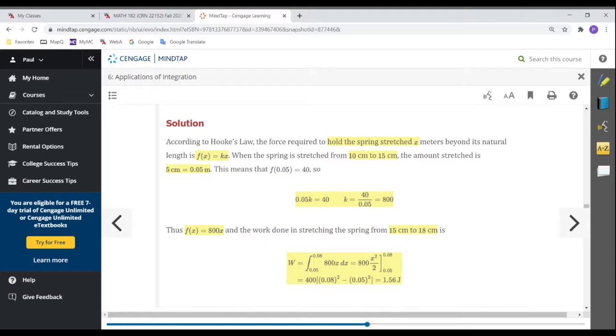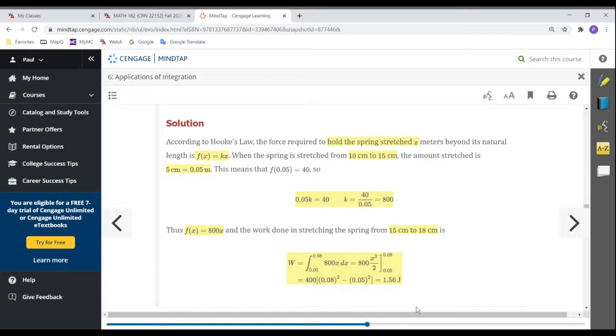The natural length of the spring was 10 centimeters, but you start off with the spring being stretched to 15 centimeters. Well, 15 centimeters is 5 centimeters beyond 10 centimeters, or 0.05 meters. So that's why your starting value is 0.05.